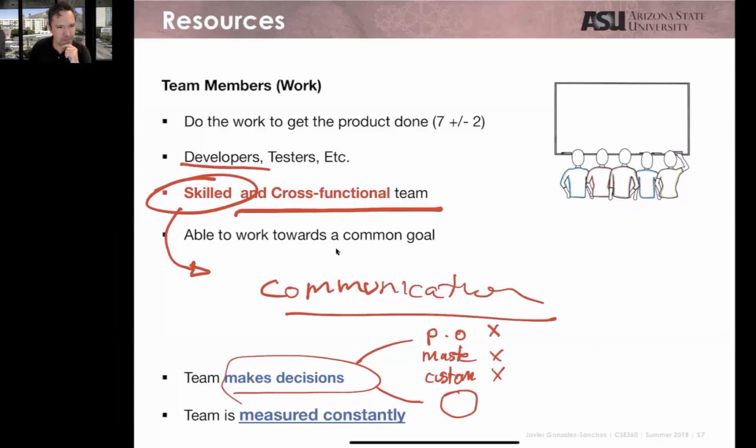Now, you know what is the problem here? When we have waterfall, we have a contract, and the measure of the project is whether we're moving forward in the contract, yes or no. With Agile, the measure of whether we're moving forward, yes or no, is not a contract, but we measure the moving forward every single day.